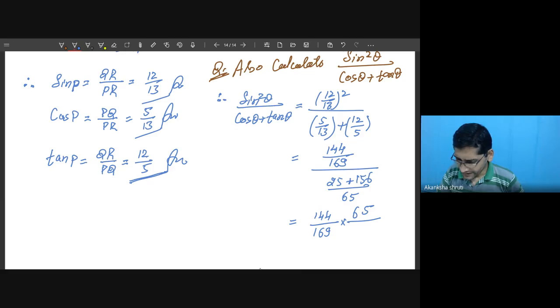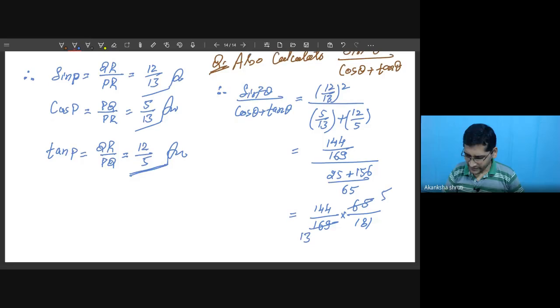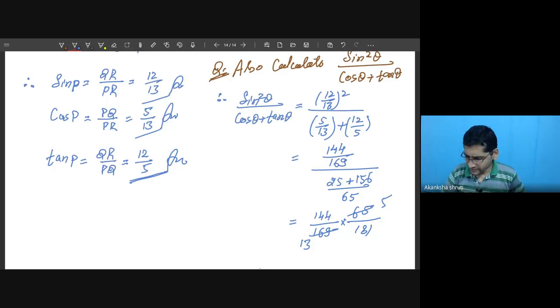Now, adding this, it becomes 181. You are getting that 13 5s is 65, but 13 into 13 is this one. Can we cancel 181 also? Nothing can be cancelled. So you have to just write the value.